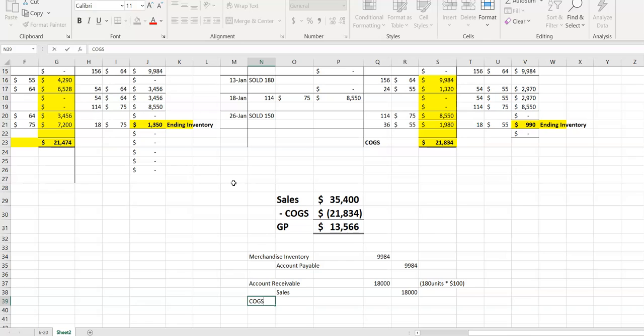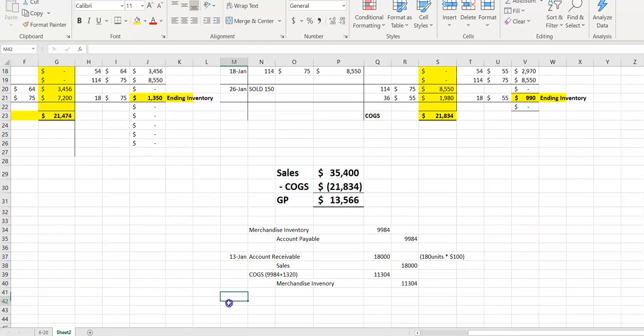So the entry would be cost of goods sold, and it would be the $99.84 plus the $13.20, and then out of merchandise inventory. All right, and this is the one that was on January 13th.